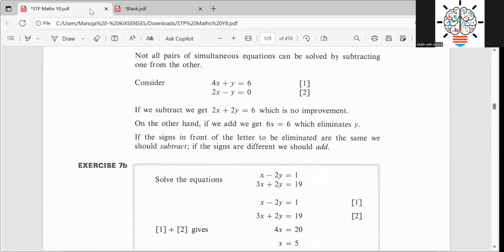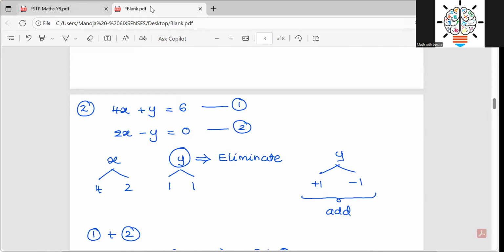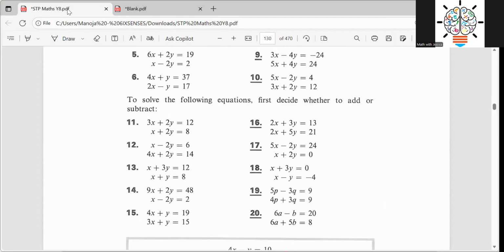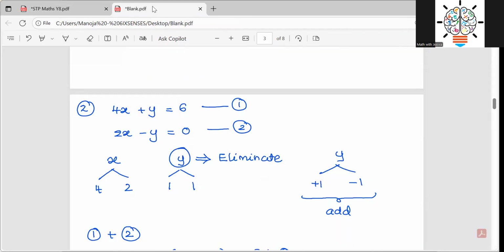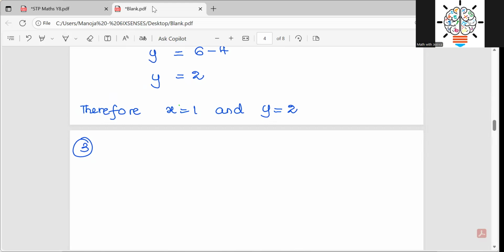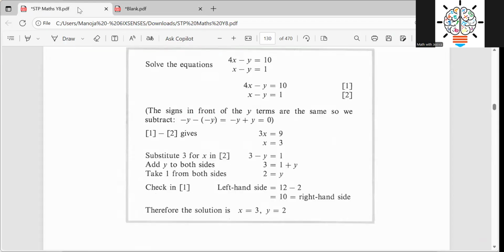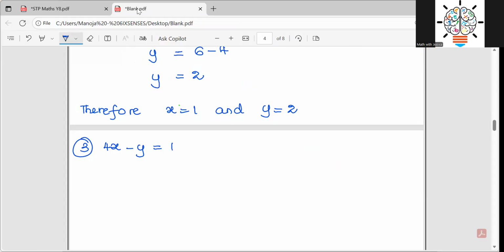Okay, so here they have not given the answer. Then we have this question: 4x minus y equal to 10, x minus y equal to 1. Number these 1 and 2.